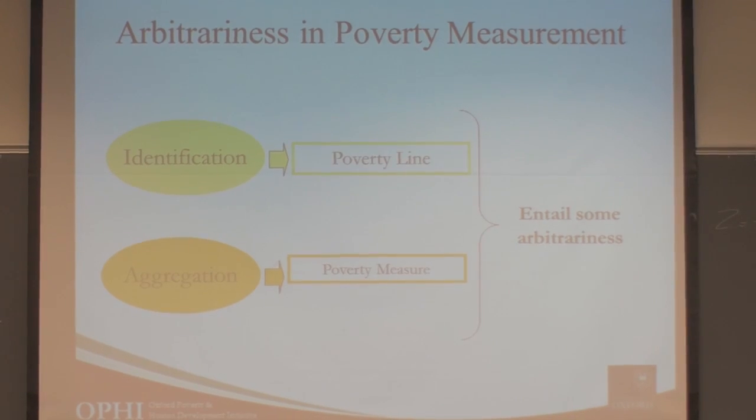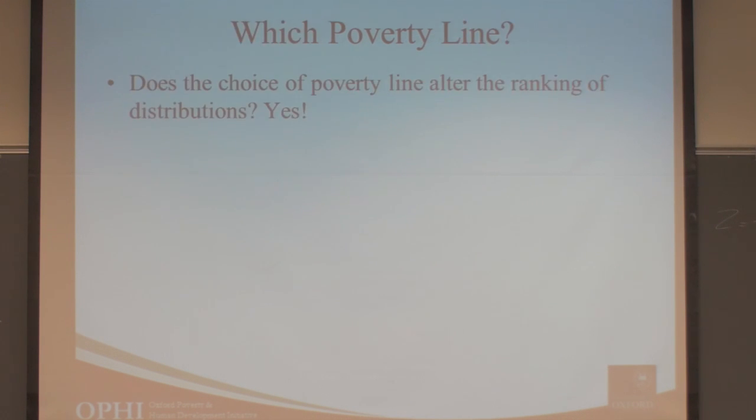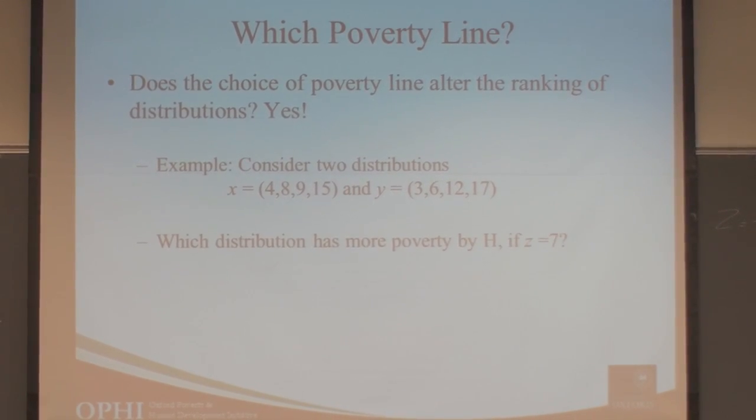So there could be 2 types of problem. One can come through identification, which is the poverty line. The second is aggregation, the poverty measure. Let's see. Does the choice of poverty line alter the ranking of distributions? Yes, it does. Example, suppose we have 2 distributions, X and Y. Which distribution has more poverty by H if Z is equal to 7?